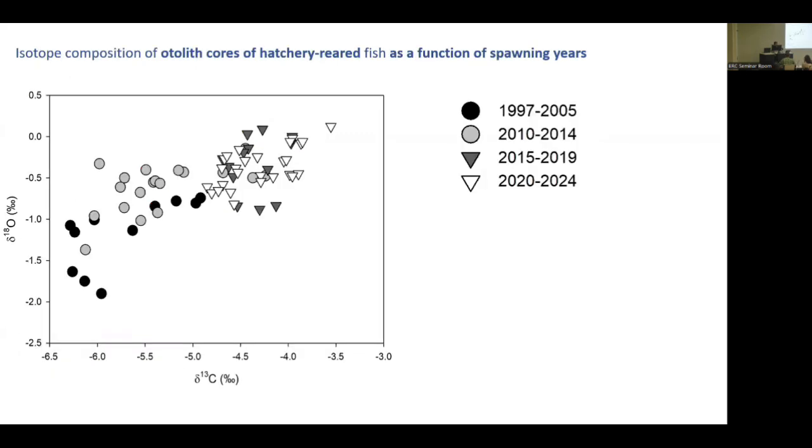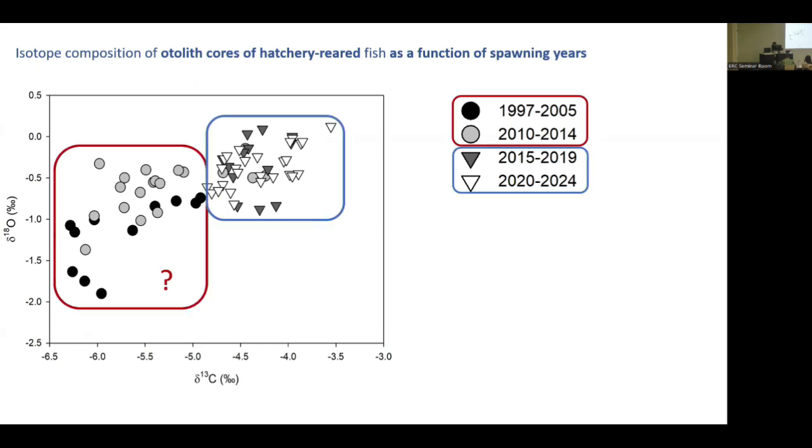So for that, trying to understand these values, I'm using the same isotopic values, but now I'm grouping as a function of spawning years. And we have two groups based on the carbon results.